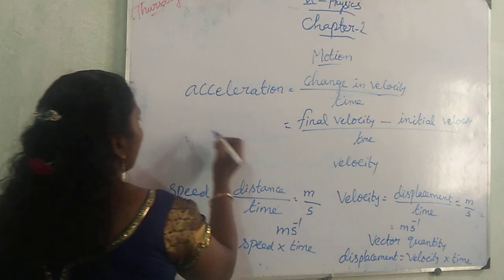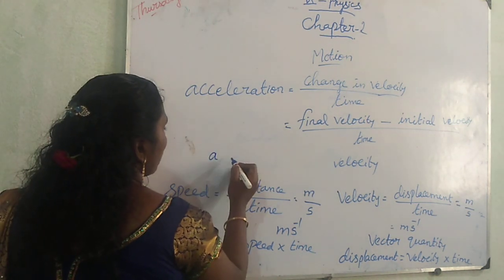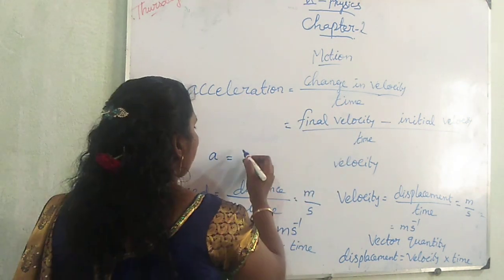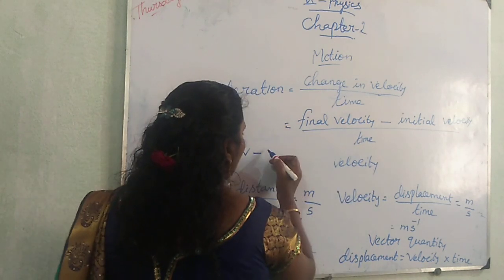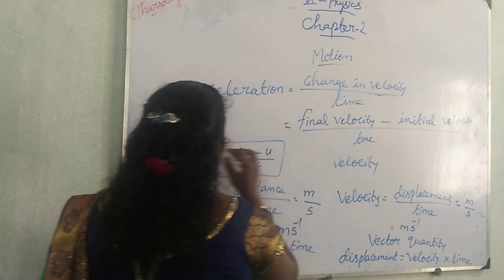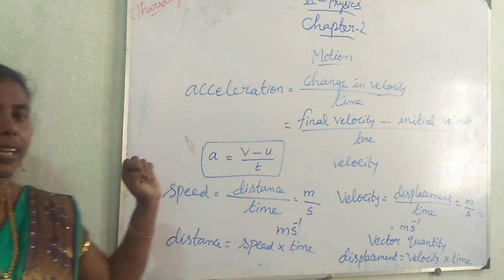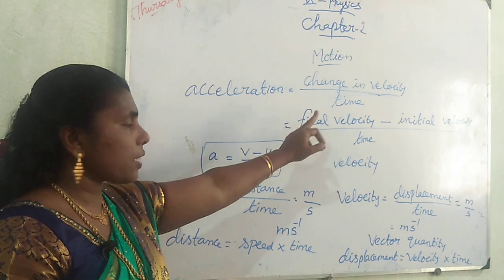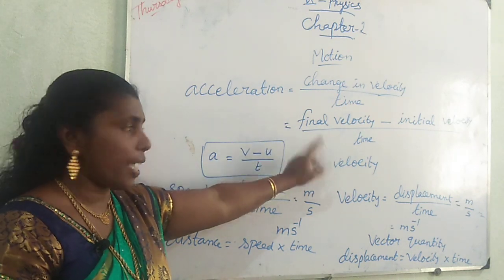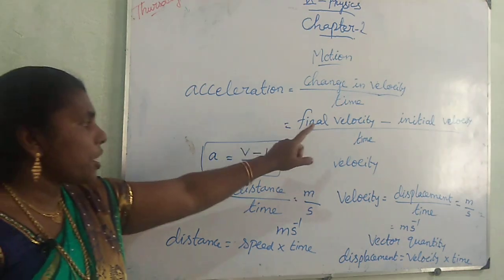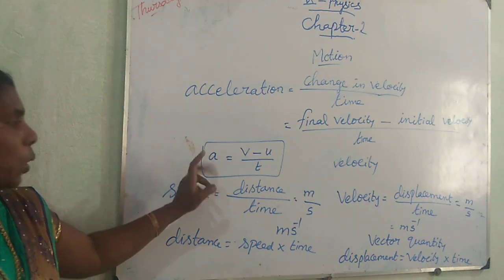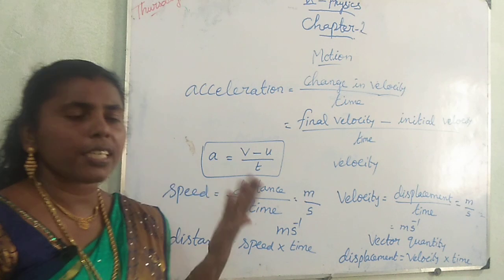Acceleration is denoted by the letter A. Final velocity is denoted by the letter V, initial velocity by the letter U, and time by the letter T. So this is the formula for acceleration: A equal to V minus U by T. What is V minus U?